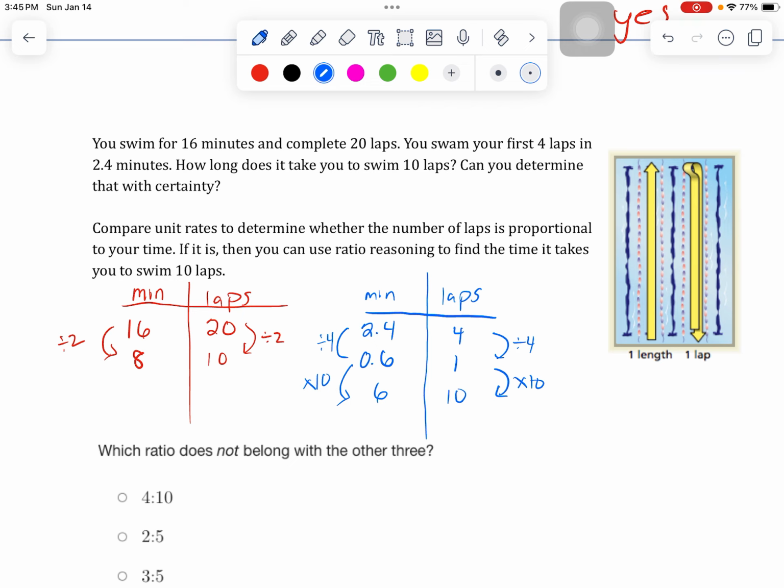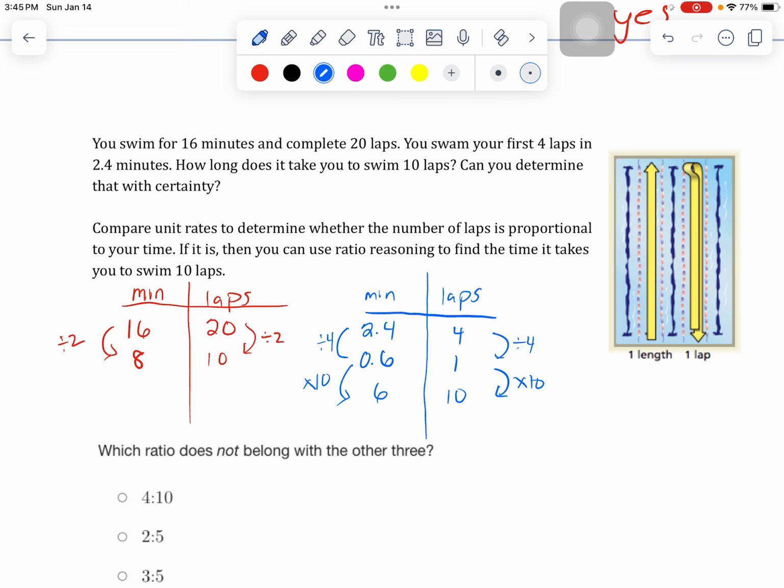But I can't determine this with certainty because I can see in the beginning I was swimming faster, and then as I was swimming, I slowed down. Okay, so right as I went for a longer time, my pace started to slow down. So this was not proportional, so I cannot determine this with certainty.